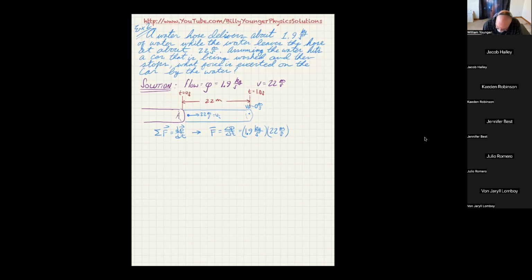So in fact, this is exactly what we want. We can literally get kilogram meters per second squared, which is the unit of force. And in this case, it's going to be 1.9 times 22. That gives me 41.8, and that's one extra sig fig again, but that's 41.8 kilogram meters per second squared, which is exactly a Newton.